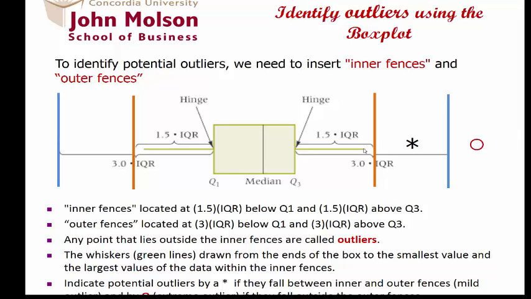The observations that are bigger than the inner fence will be identified by a star or a circle as being outliers. Same thing on the other side, on the left-hand side. My whisker will go from my box to the last value that falls within the inner fence. Anything outside will only be identified with a star or a circle.